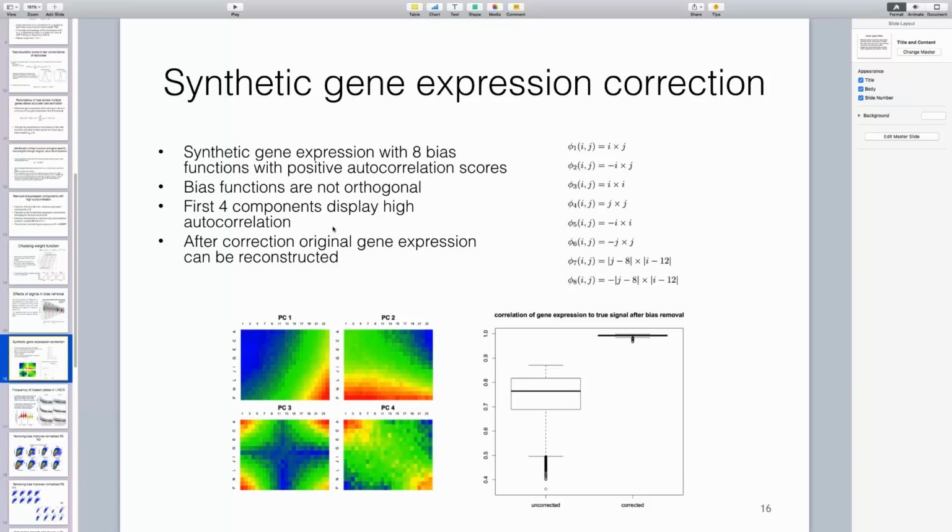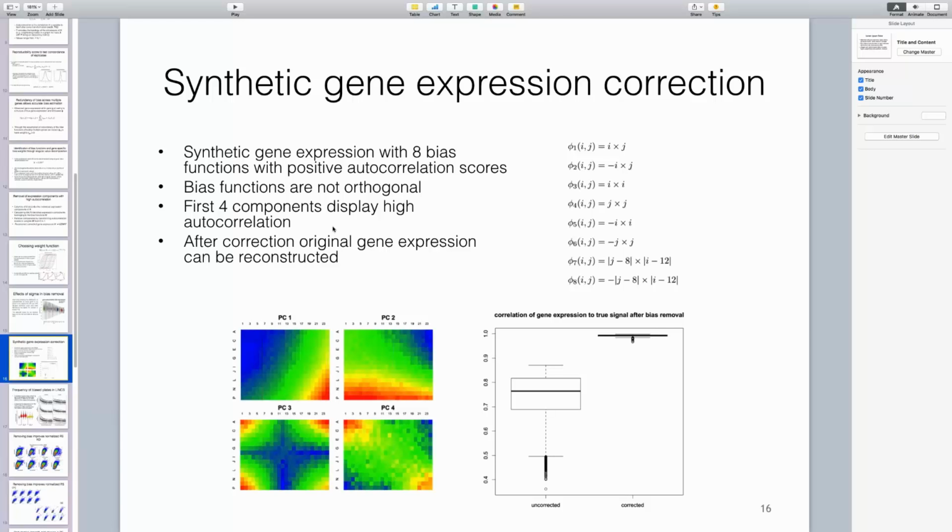This is our true gene expression E that I explained in the formula, and then we add these bias functions to the gene expression, which are functions over the location of the plate. Here we have 8 functions, and they're not orthogonal, so they won't build 8 principal components in the end, but they will build 4 principal components.